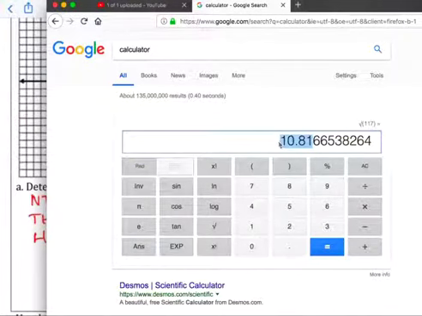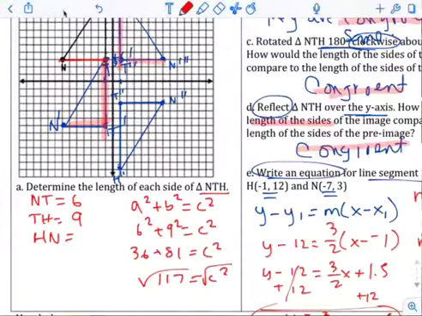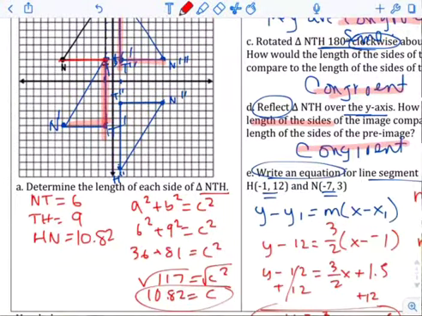We'll round it to the nearest tenth. The 6 we don't want, so 81 becomes 82. So it's 10.82 equals c. c is 10.82 units.